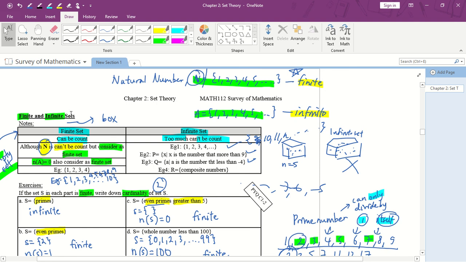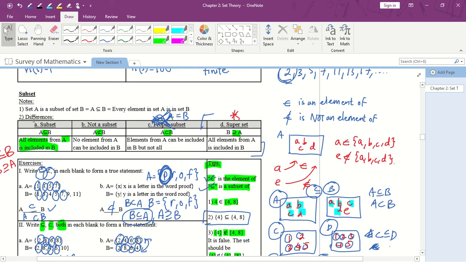Finite and infinite sets: finite sets mean that the elements in the set can be counted, but infinite sets cannot be counted. Just remember that the natural numbers, although they cannot be fully counted, are considered a finite set, and the empty set is also considered a finite set.